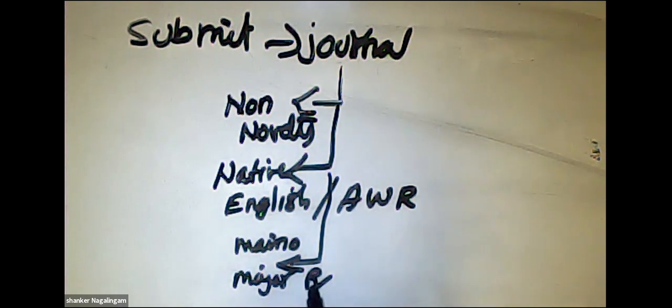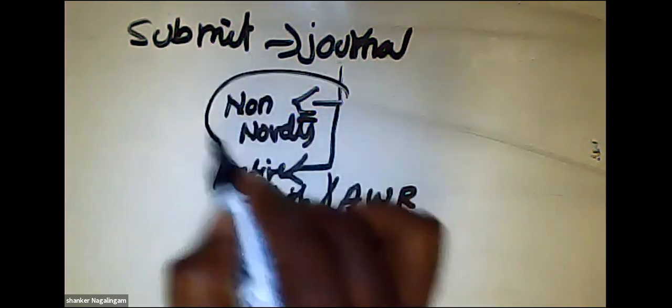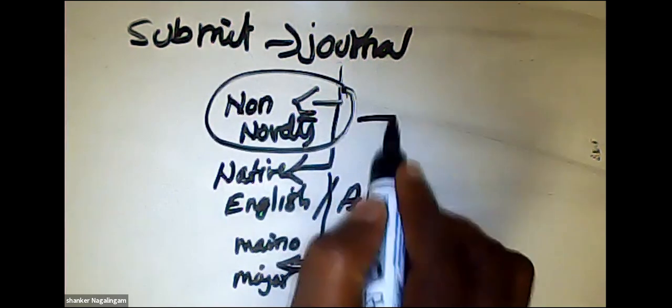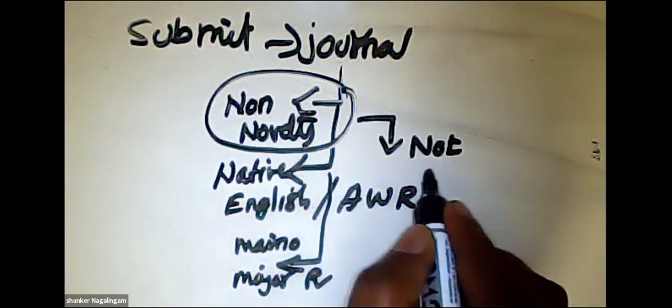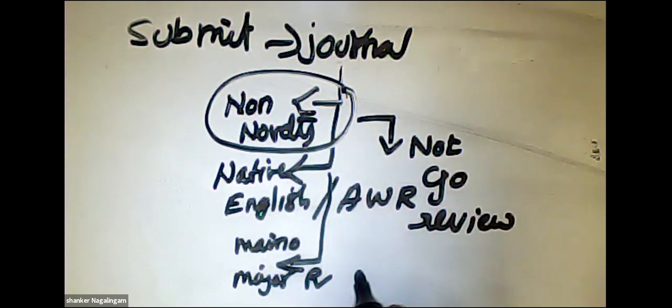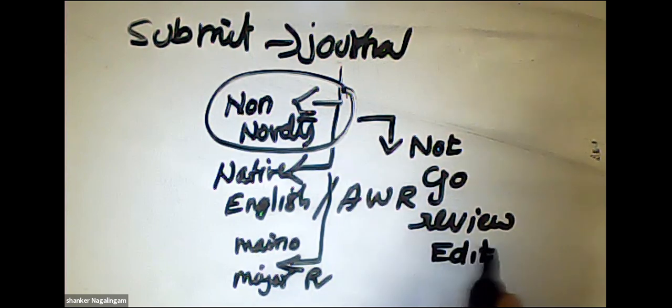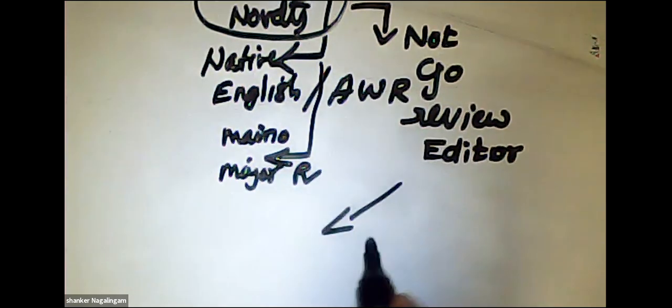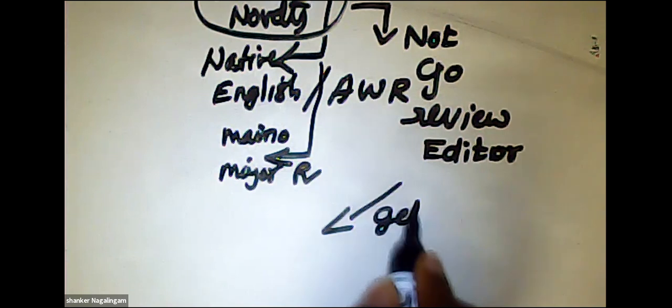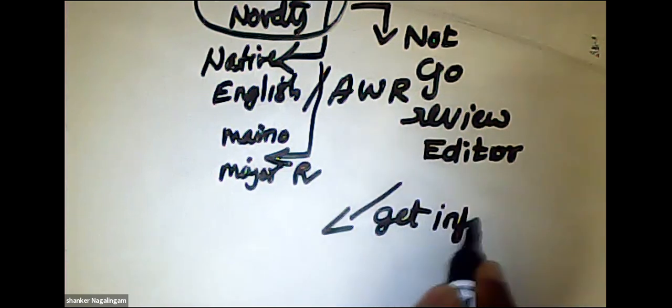See, when you don't have novelty, it will not go for the review process. So then the editor will reject it right there. The editor will see the title. How does the editor get information about your novelty?